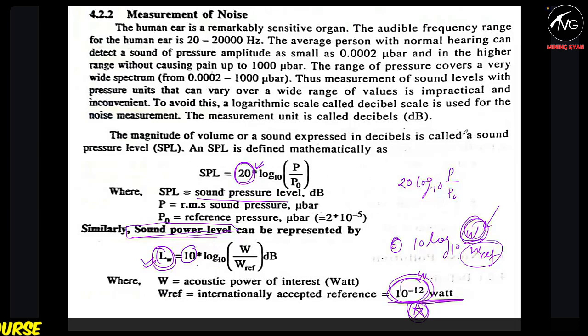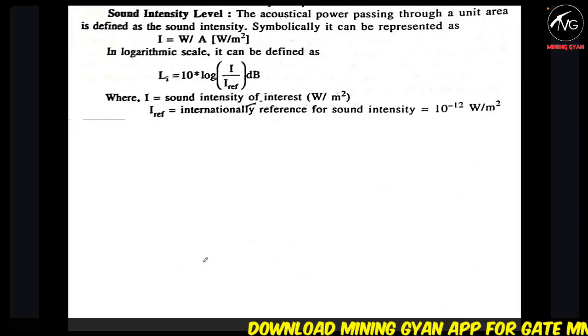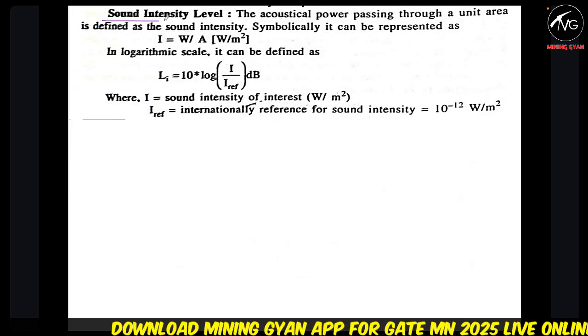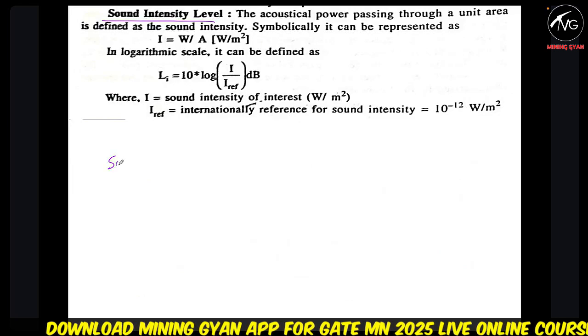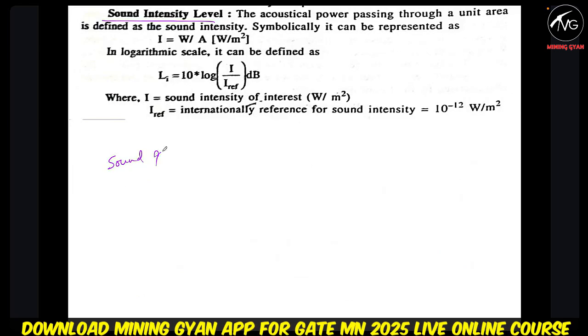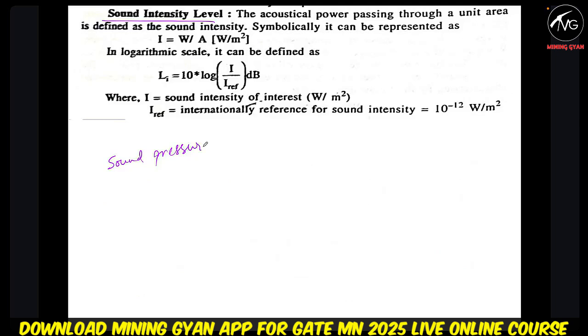We will see when we discuss the question. Just remember, there is a difference between the sound pressure level and sound power level, and their formulas are a little bit different. Third formula will be the sound intensity level. First we have seen sound pressure level, 20 log 10 P by P naught.